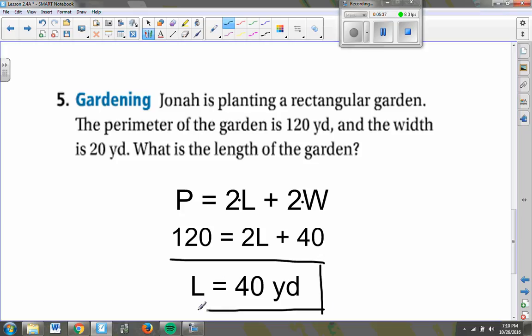That's our final answer. We found that by plugging in the 120 for the perimeter, plugging in the 20 for the width, and solving for L.